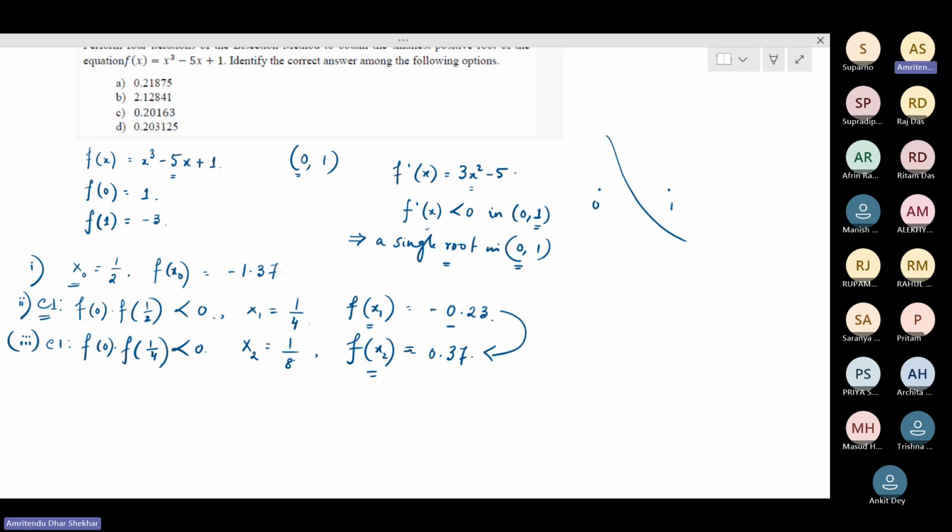As you get closer and closer to the root, the estimates can keep on varying, to be honest, and this is one of the drawbacks of this bisection method.